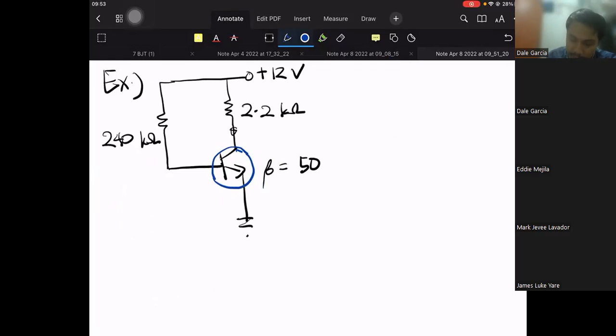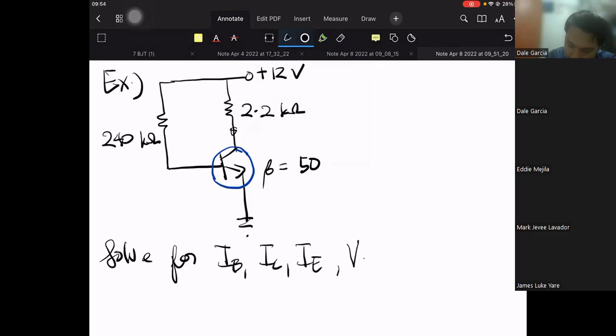So let's go ahead and solve this. Solve for IB, IC, IE, and VCE. How about VBE? No need, it's given. How about VCB?